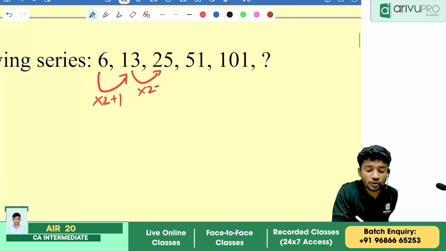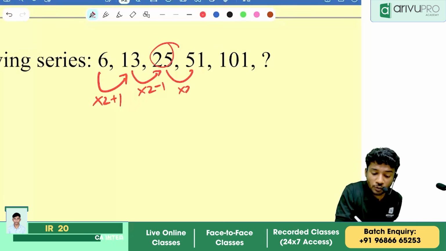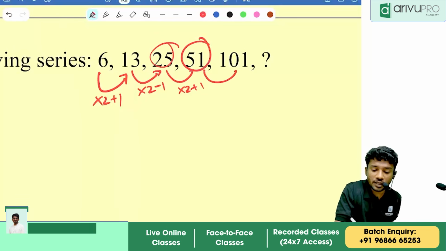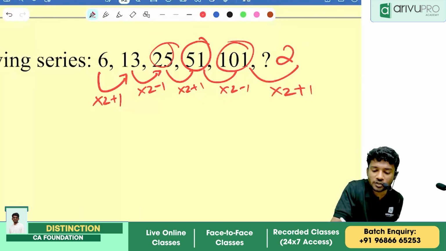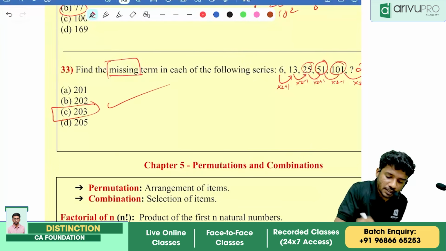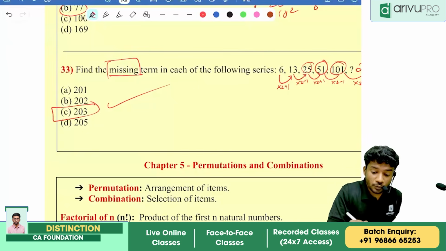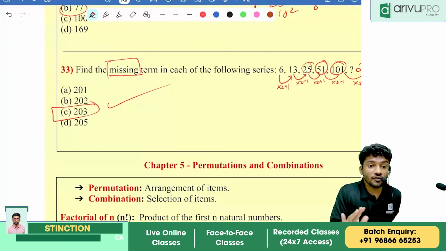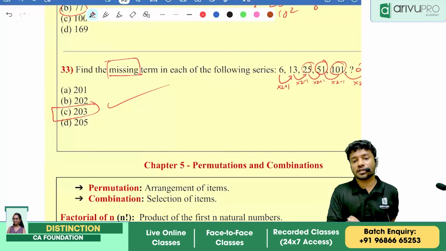But 13 into 2 minus 1 is 25. 25 into 2 plus 1 is 51. 51 into 2 minus 1 is 101. So 101 into 2 plus 1 is how much? 203. Which option is the answer? Option C is the answer. You might get a question like this. It is an odd pattern, a very special pattern: into 2 plus 1, into 2 minus 1 is the pattern.